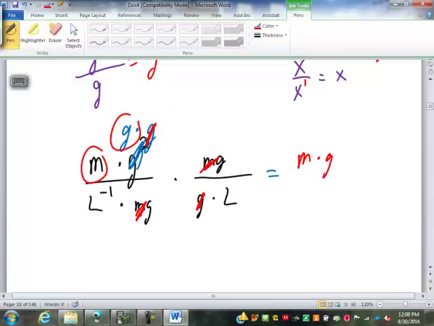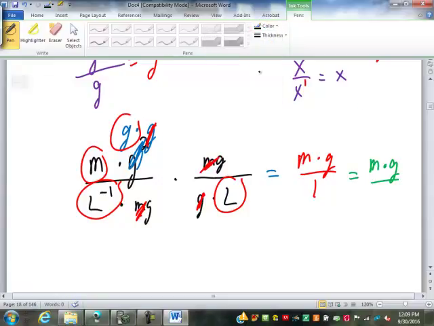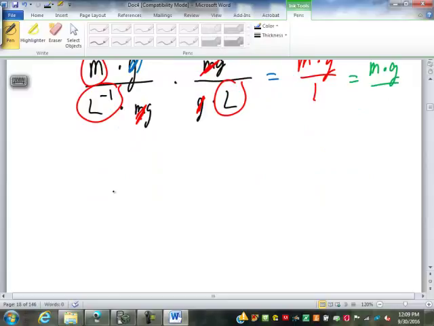On bottom I have liters to the negative 1 times liters. What's that? 1. Because it's to the negative 1 times itself. So this ends up being meters times grams is what the units end up being there. Again, a little bit nonsensical, but you get the picture.